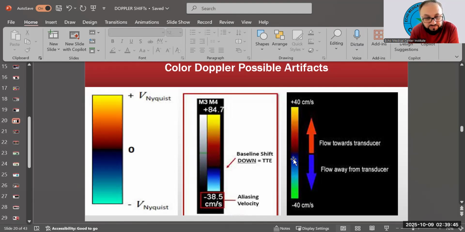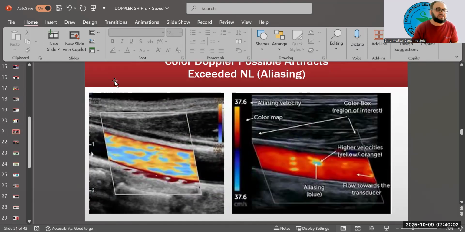Now, in this one, you see plus 40 centimeter per second and minus 40. This is the room for the negative shift, and that's the room for positive shift. Now, if they are not set in a correct way, for example, look at this one. This is a possible artifact we get. This is not a pathology, it's an artifact. What happens?